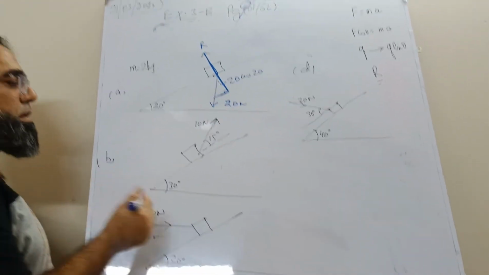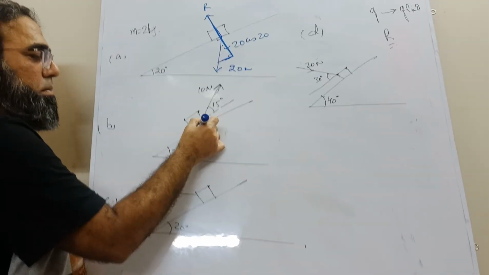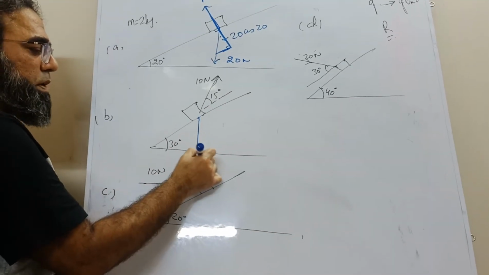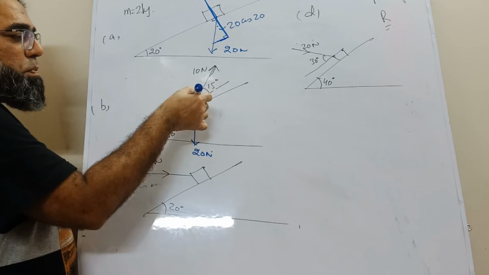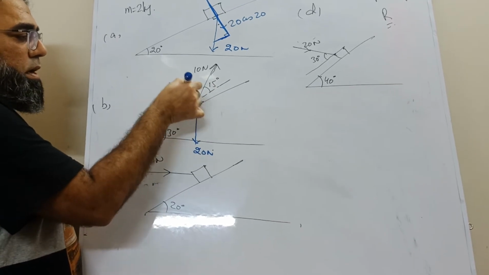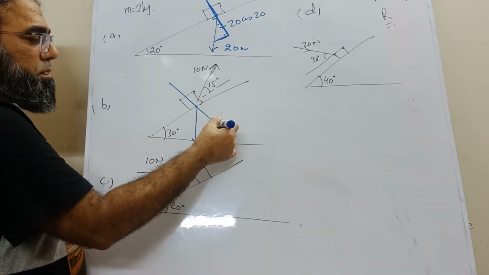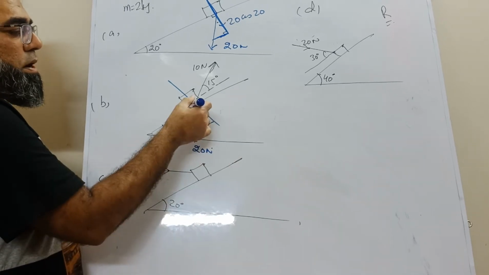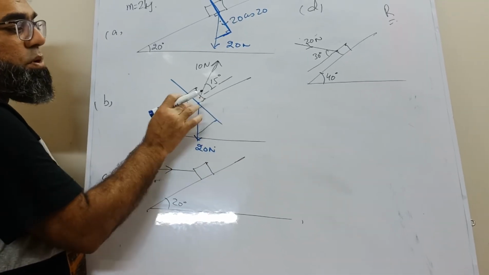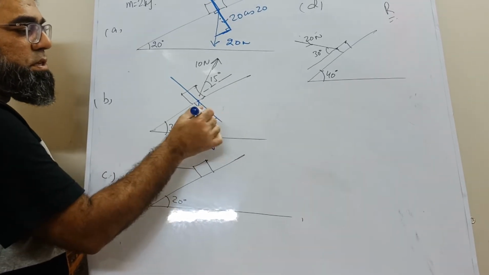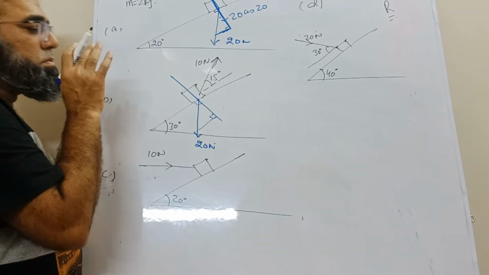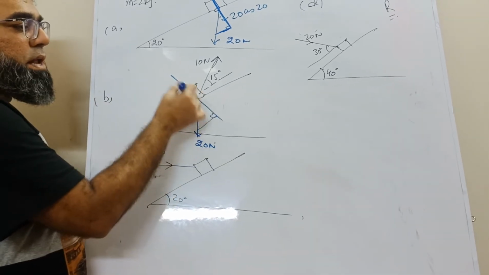Going towards the second situation, again here is the weight, which is 20 newtons, and you keep your pencil over here, you draw a line like this, and then you have a line like this. You don't need to show this right angle, I'm just showing this so that you understand how you can have an accurate diagram.